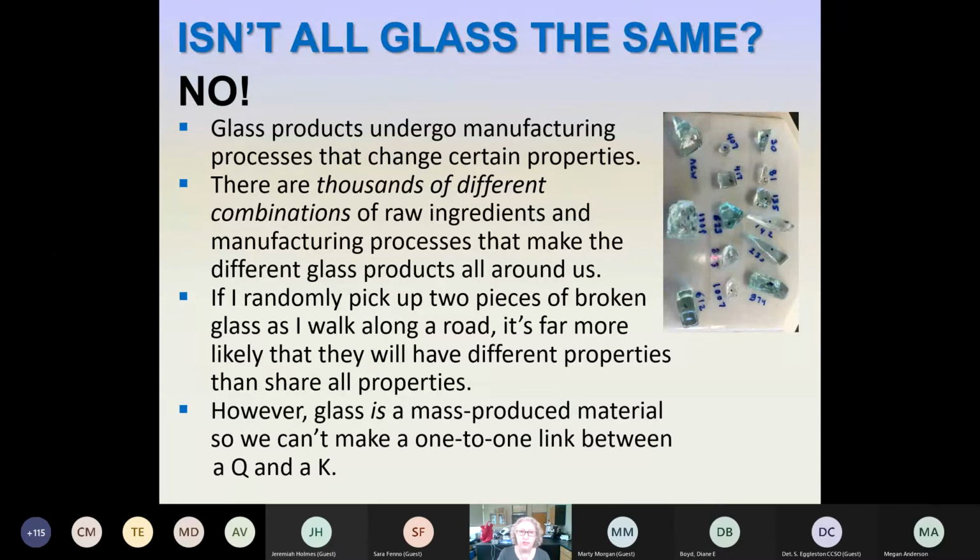However, we want to be really clear that glass is a mass-produced material, so we can never make a one-to-one link between a questioned fragment of glass, I'm just calling that a Q here, and a known standard of glass, a K. So that one-to-one link is not possible with glass. However, as we'll see in the next couple slides, the measurements that we make are very discriminating and highly sensitive.